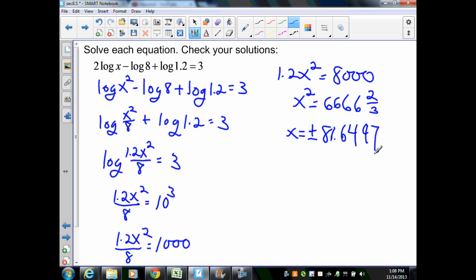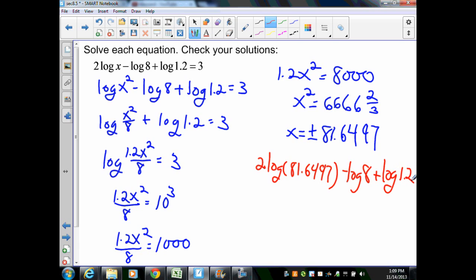81.6497. Now I'm going to substitute those values back into the original equation, which is 2 common log of 81.6497 minus log 8 plus log of 1.2.